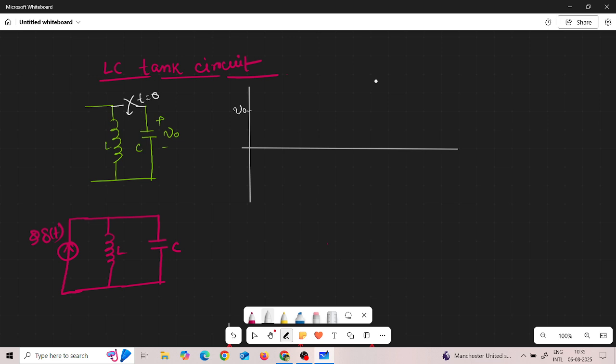So as finite voltage is available across the inductor, it starts gradually developing current, and the capacitor voltage starts decreasing, because here the only source of energy is the voltage stored in the capacitor. So the inductor tries to gradually charge, so its current will gradually increase but the voltage of the capacitor gradually decreases.